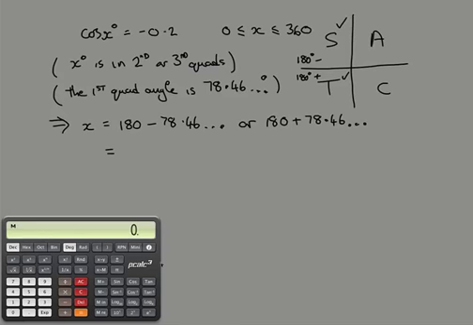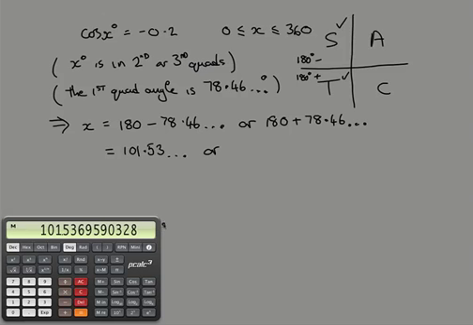So we're using the memory in this calculator, and we want to calculate 180 minus this first quadrant angle. So 180 minus, recall the memory, first quadrant angle, and that equals, there it is, 101.53, and so on. No approximation yet.